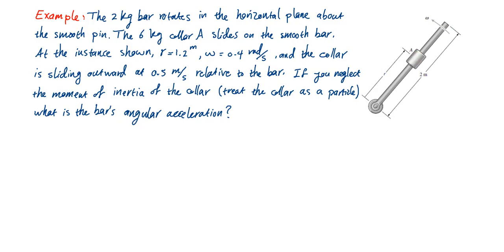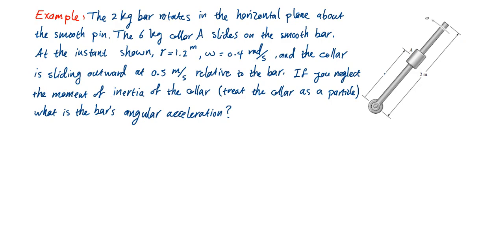At the instant shown, at this specific moment, r, the distance the collar has from the center of rotation, is 1.2 meters, and omega, the angular velocity of the bar, which is represented here counterclockwise, is 0.4 radian per second.